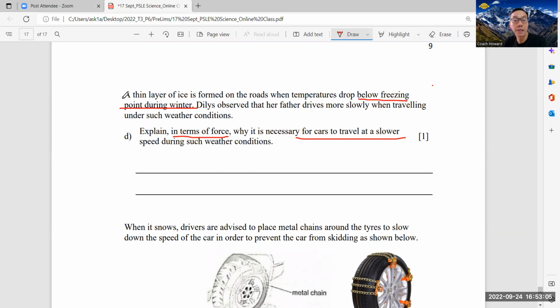Underline this one, a thin layer of ice. Ice is very slippery. For this question, this is how you should answer.